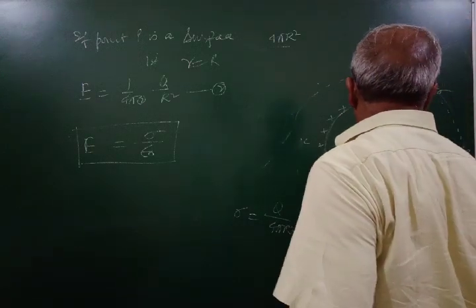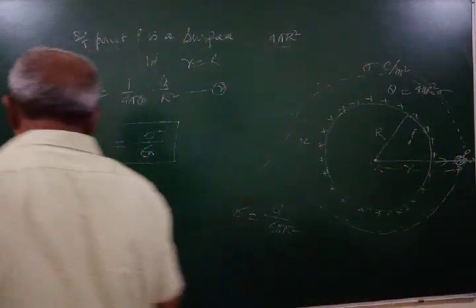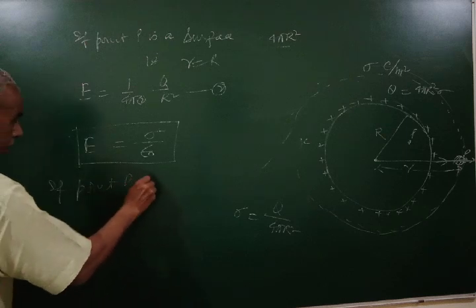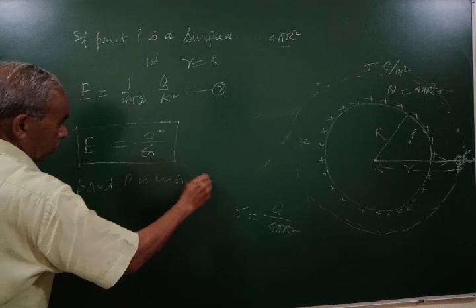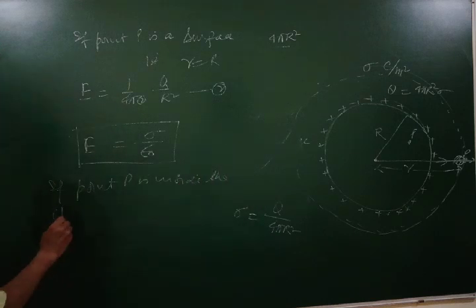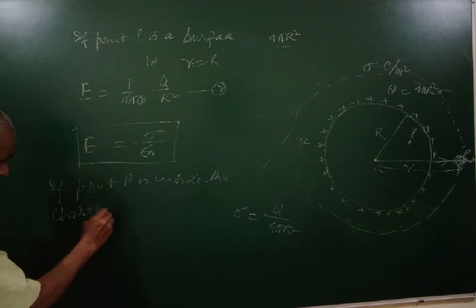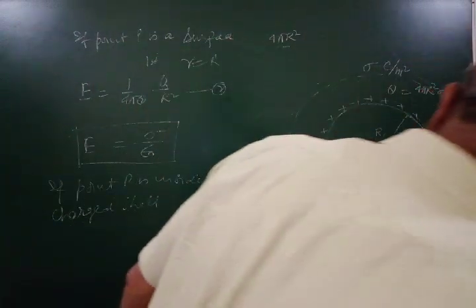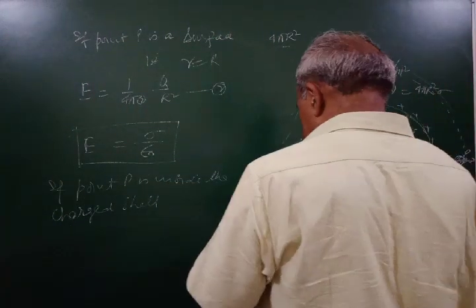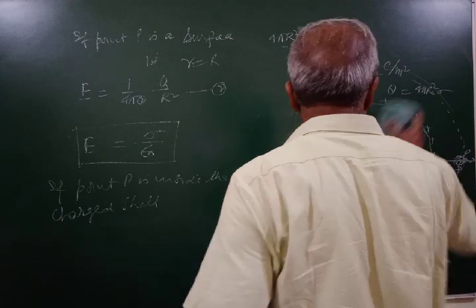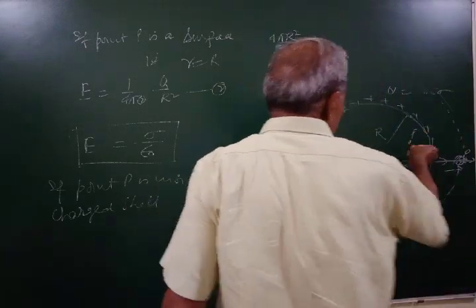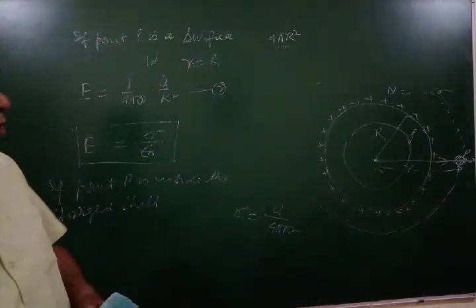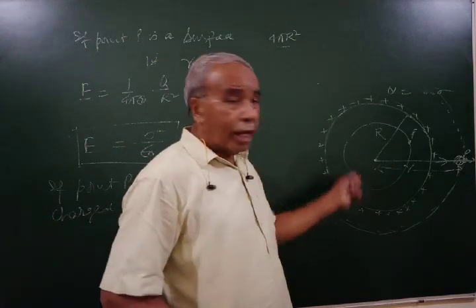Now if we take point P inside the charged shell, what will it be? Then if we think of the Gaussian surface here, this Gaussian surface has no charge inside.